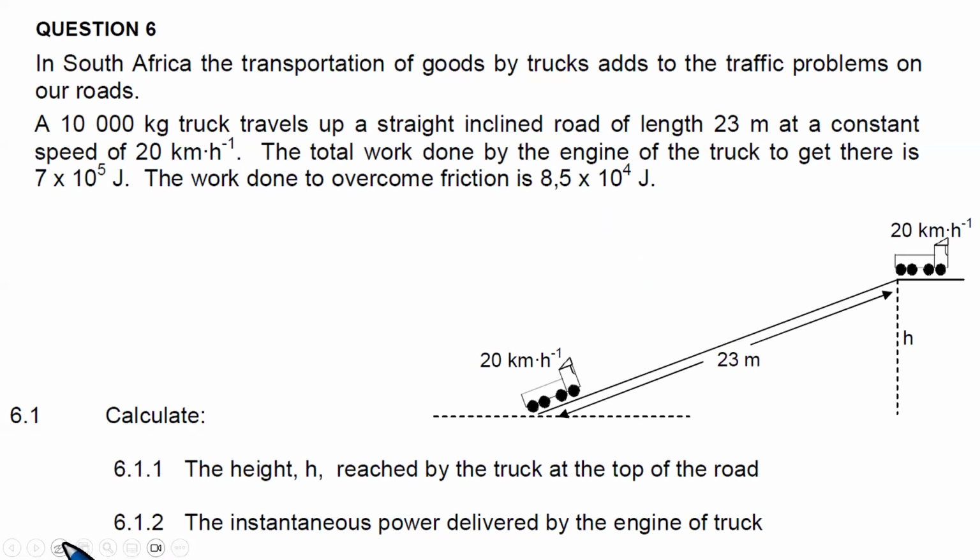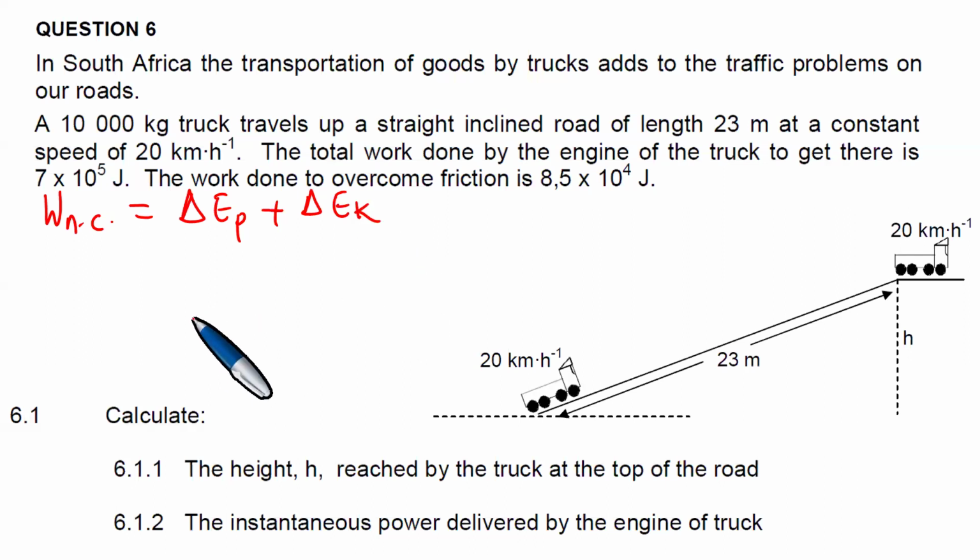Now, there are a couple of things that remain very important here. One, to calculate the height h reached by the truck at the top of the road. To do that, as I indicated earlier, we look at the fact that work done by non-conservative forces is the change in potential energy plus the change in kinetic energy.